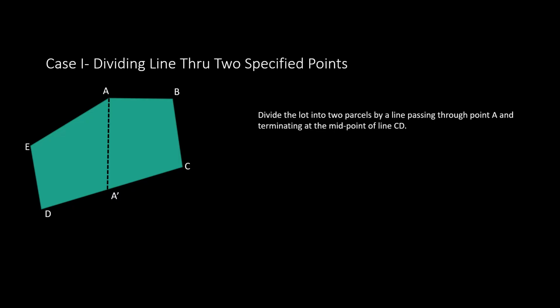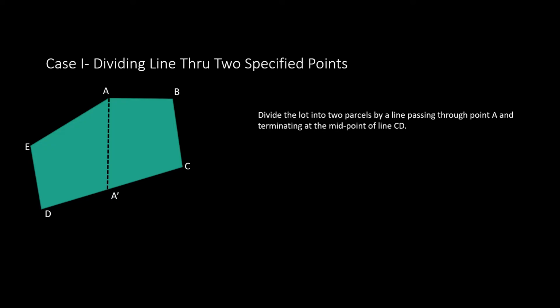Let us say that it terminates at A prime, which is the midpoint of line CD. So we will determine the direction as well as the length of the dividing line, and we also determine the technical descriptions of the two resulting sublots.